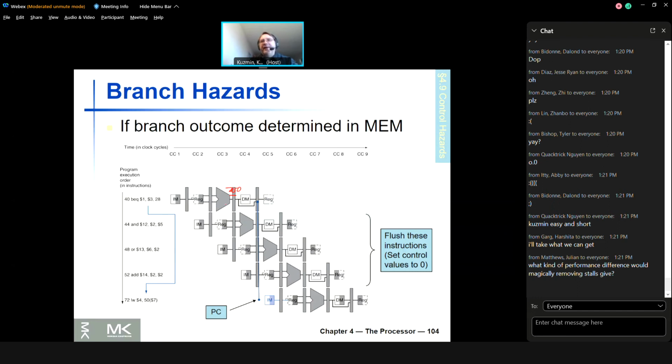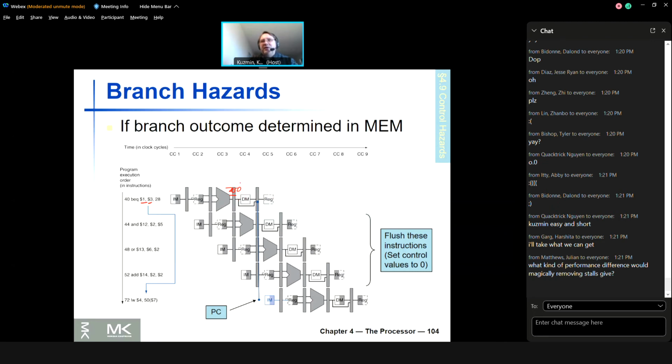Before the ALU computes this result, we don't know whether register 1 and register 3 have the same value, right? They have to go through the ALU, get subtracted one from the other, and that's what would produce the 0 signal.